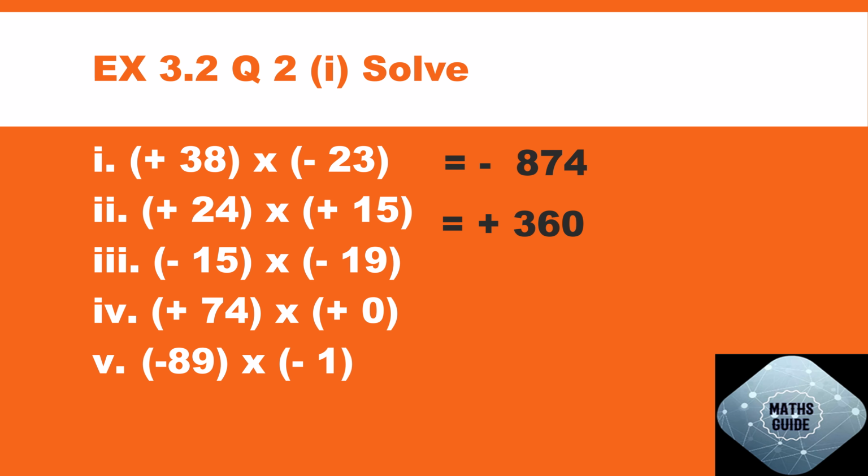In the next question, both are like integers, that's why we have a positive product, that is 360. Again we have like integers in the third part, so our answer is again positive. And as you all know, when we multiply any number by 0, the answer is always 0. And again we have two like integers, our answer is positive.